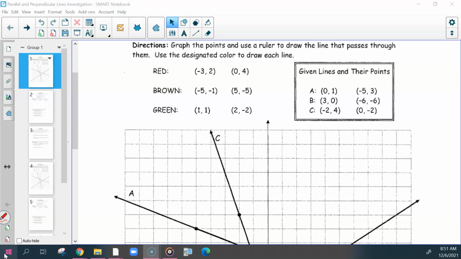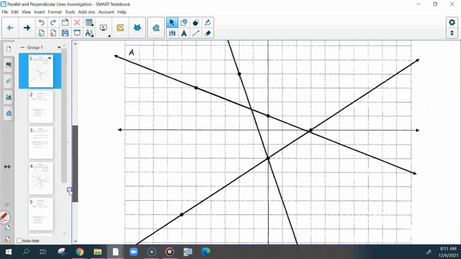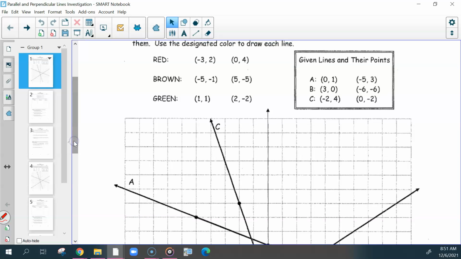So you're going to graph these 2 points, and you're going to graph a line through them. And then you're going to do the same thing for brown and green. I would say use your rulers to make them as accurate as possible.